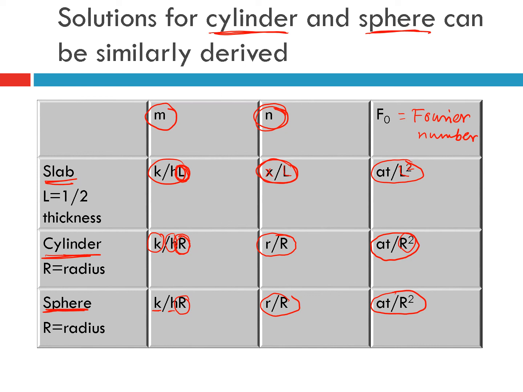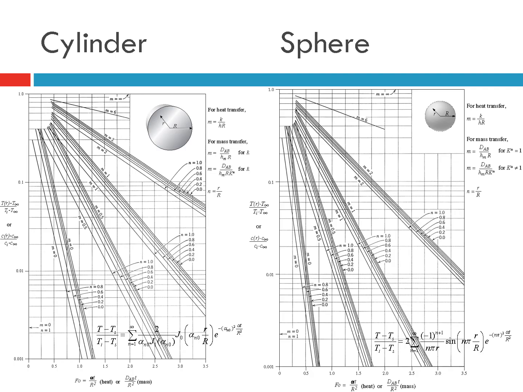Okay, so here is a quick look at these charts. This is the chart for the cylinder, and this is the one for the sphere. When surface temperature is given, then you have this m equal to 0, as we discussed. So this corresponds to T equal to Ts, or h going to infinity.